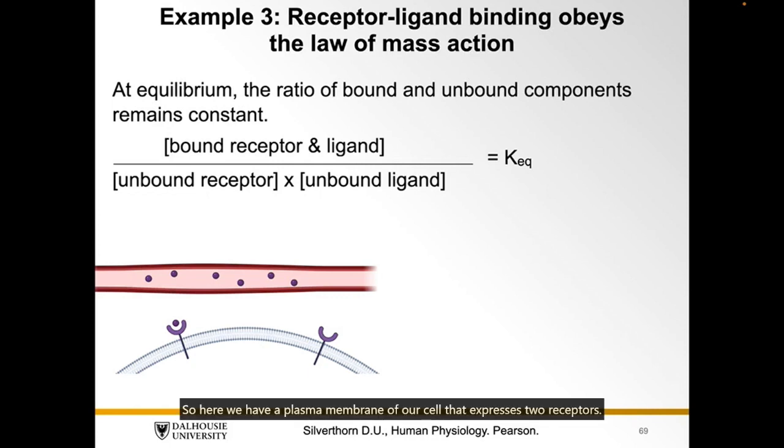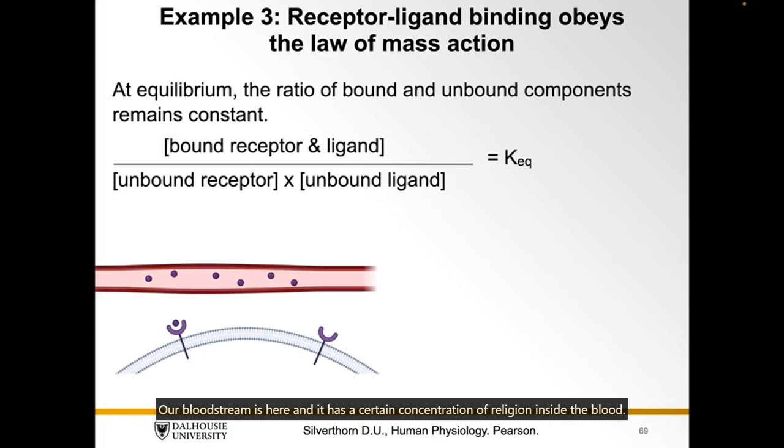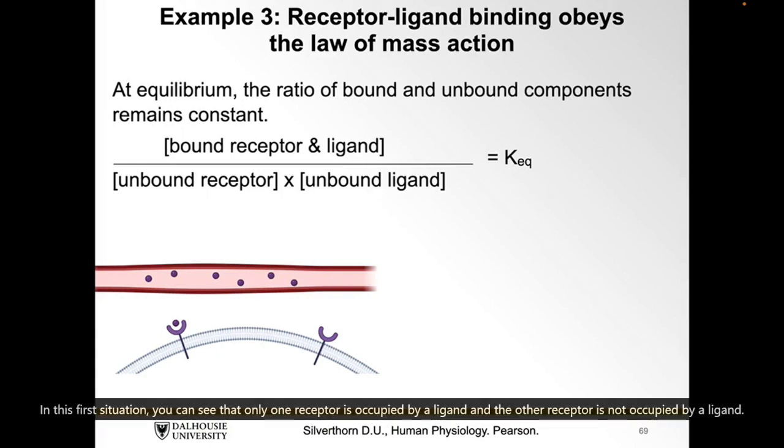So here we have the plasma membrane of our cell that expresses 2 receptors. Our bloodstream is here, and it has a certain concentration of ligand inside the blood. In this first situation, you can see that only one receptor is occupied by a ligand, and the other receptor is not occupied by a ligand.